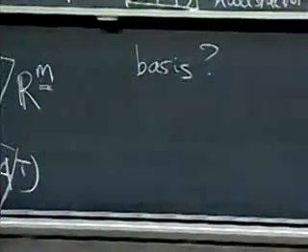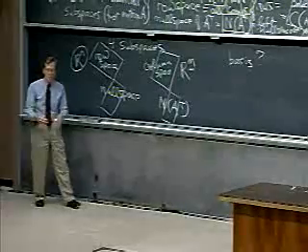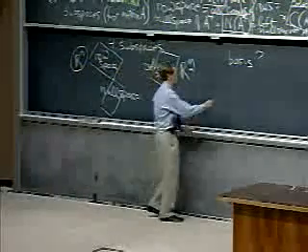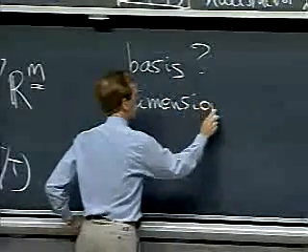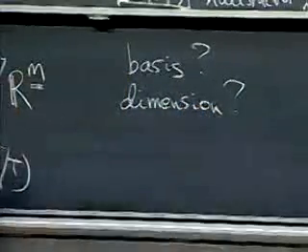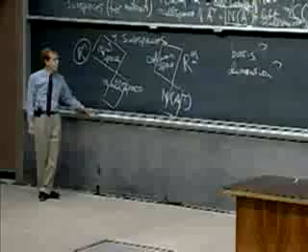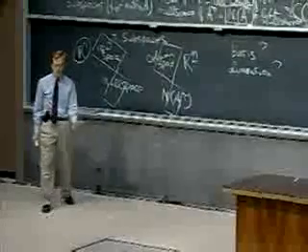For each one of those spaces, how would I construct a basis? What systematic way would produce a basis? And what's their dimension? Okay. So for each of the four spaces, I have to answer those questions.